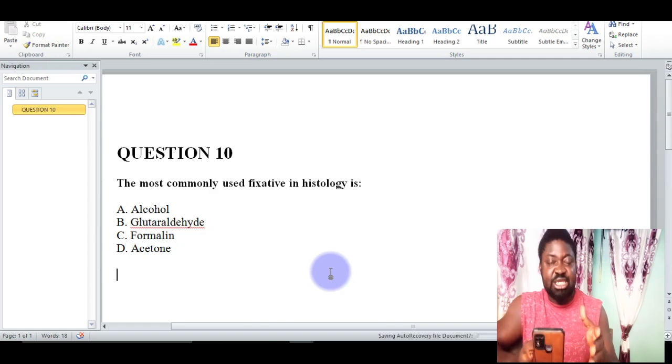So the only option here is formalin, which is used as a fixative to preserve cells or tissues from decomposing, or from undergoing self-digestion.